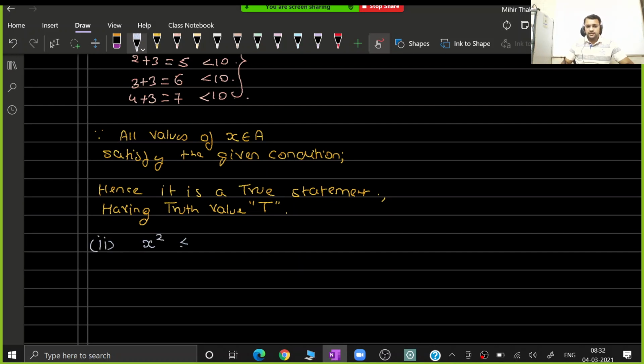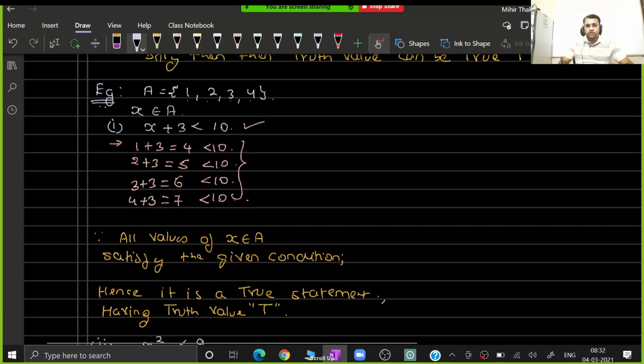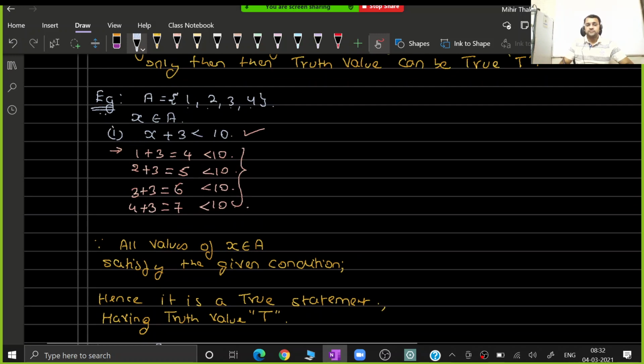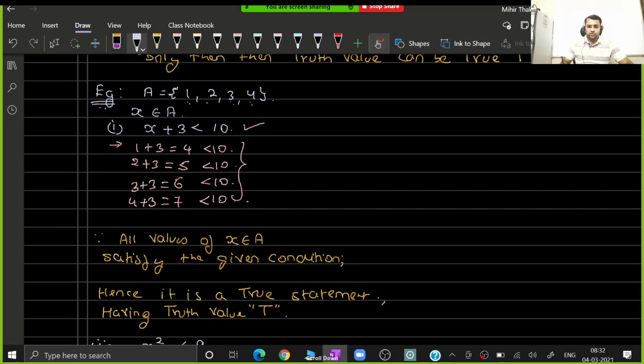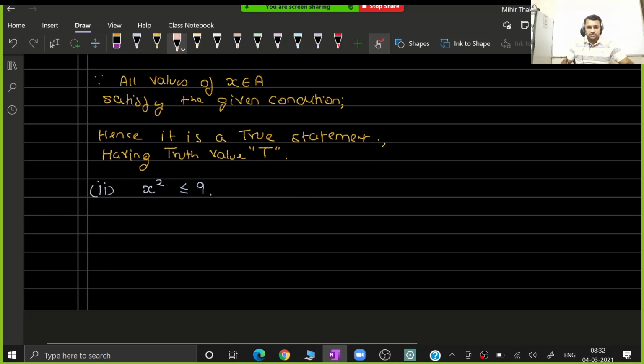X square is less than or equal to 9. This is my condition, x square is less than or equal to 9, and I have to check whether all of the values of x belonging to A are satisfying the condition or not. So let me once again check the values. 1 square is equal to 1, definitely less than 9. 2 square is equal to 4, definitely it is lesser than 9. 3 square is equal to 9, which is itself equal to 9.